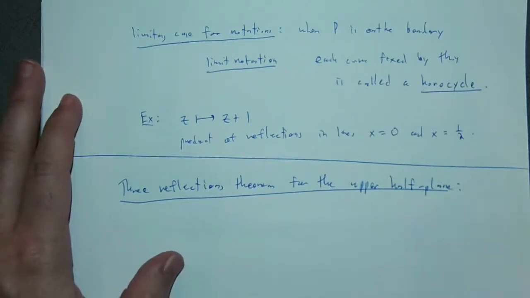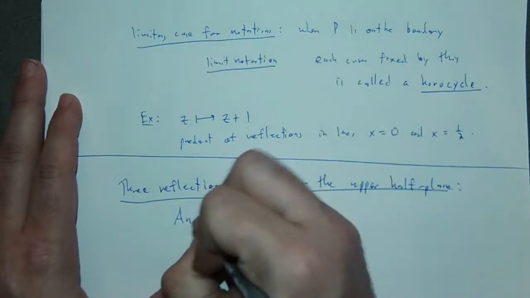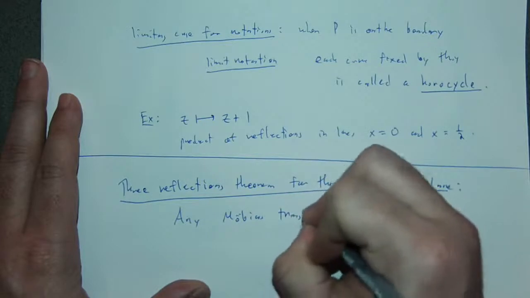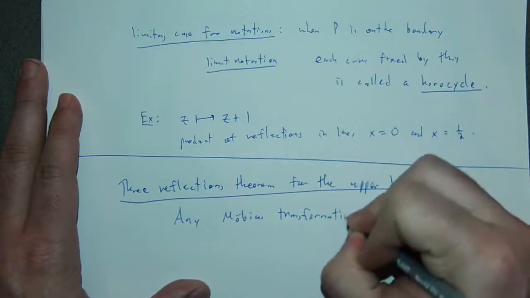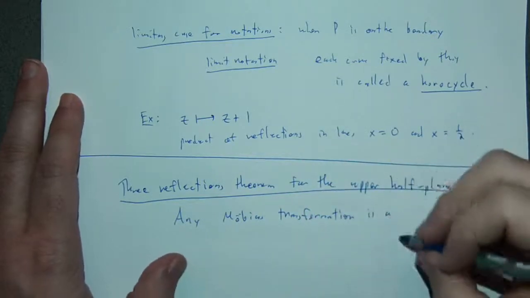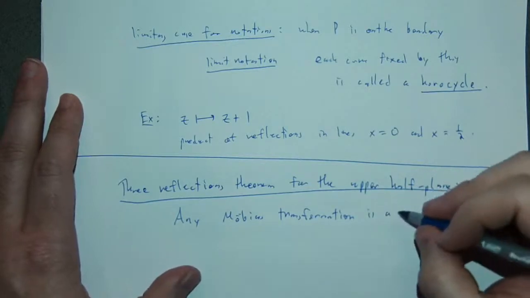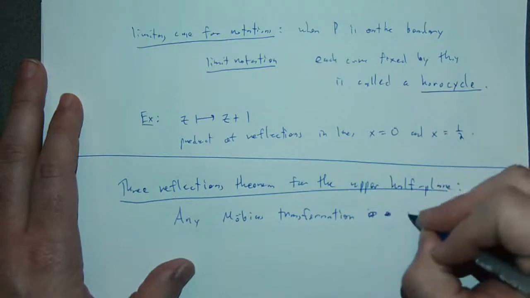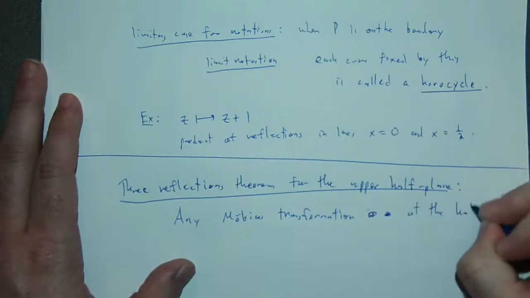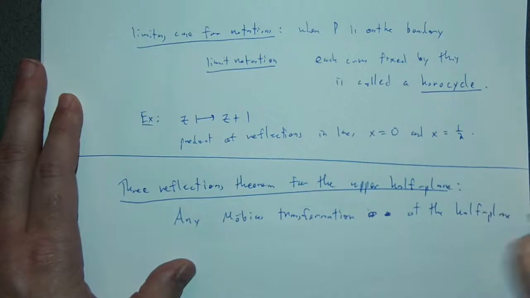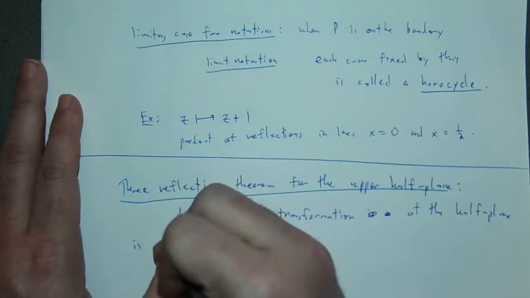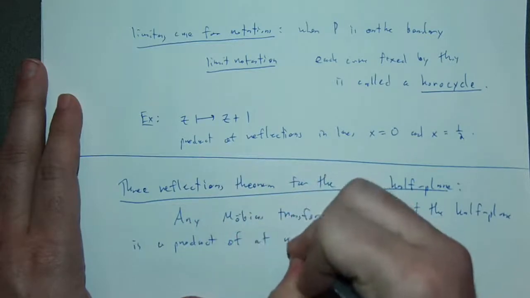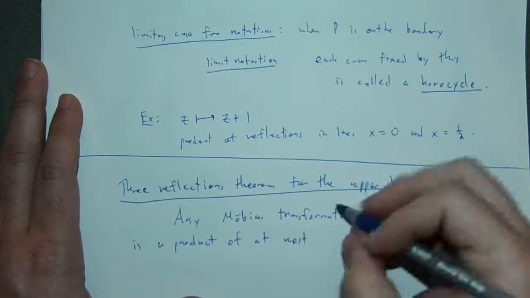The three reflections theorem states that any Möbius transformation of the half plane is a product of at most 3 reflections.